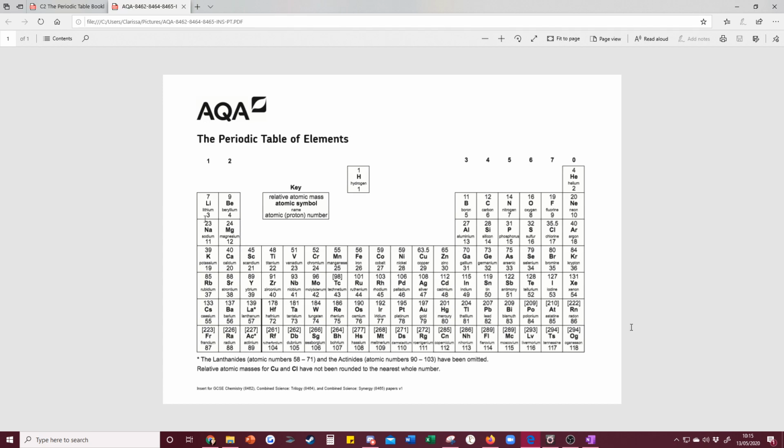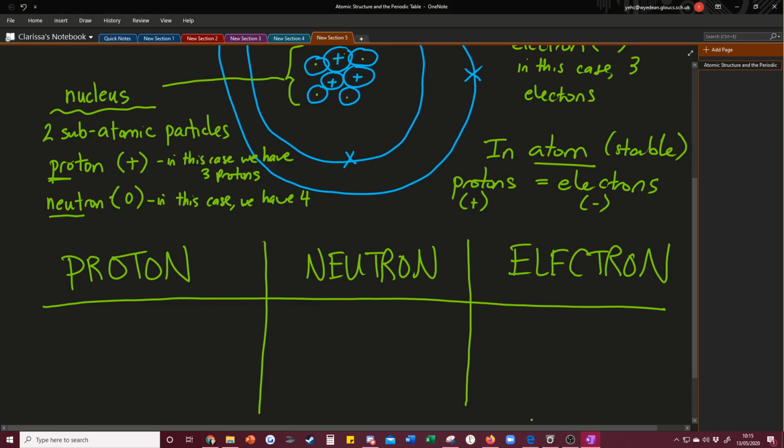So for example, in a lithium atom with balanced charges that overall has no charge, we're going to have 3 protons, but I also know that there are going to be 3 electrons. For iron, I know there are 26 protons from this number, but there are also 26 electrons. Now, back to our table.